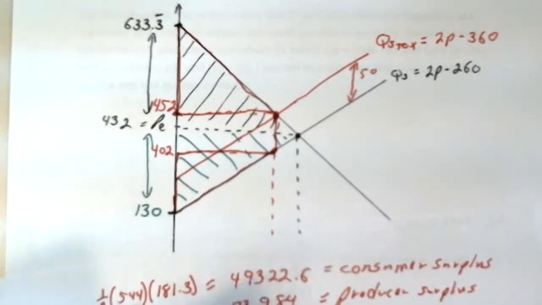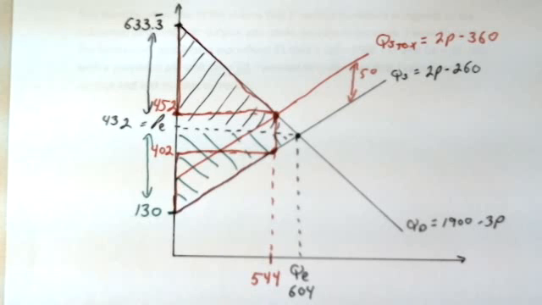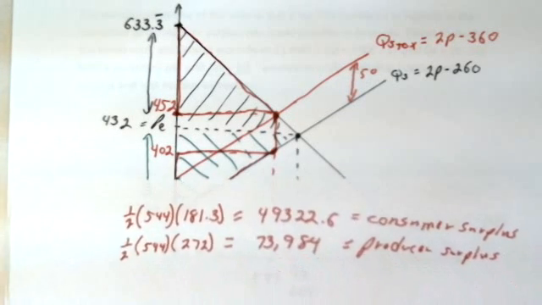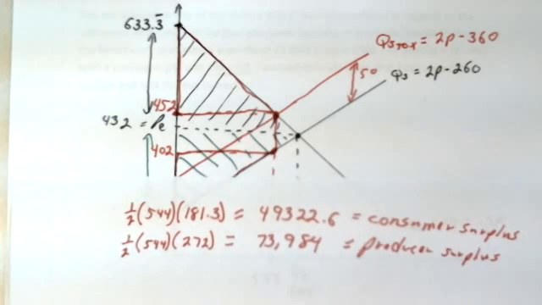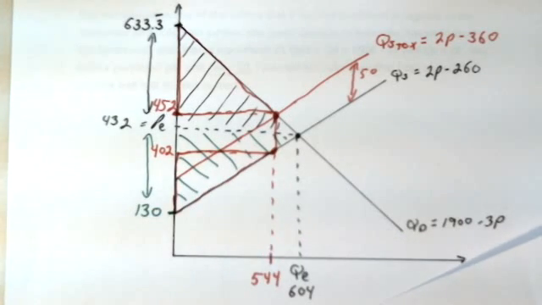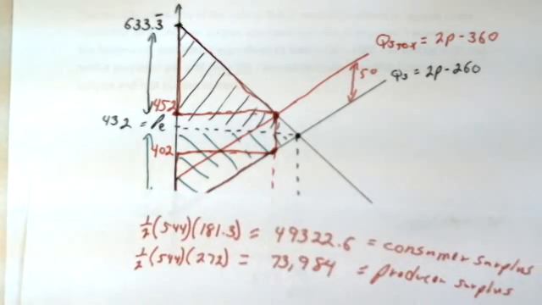I hope you can see that both producer surplus and consumer surplus have been greatly reduced, right? Consumer surplus is now 49,000 and something, and before it was 60,000. And producer surplus is 73,000 now, and before it was 91,000. So they've been greatly reduced, but hey, check it out.